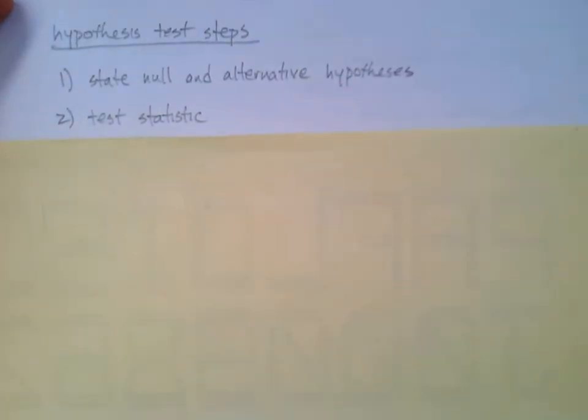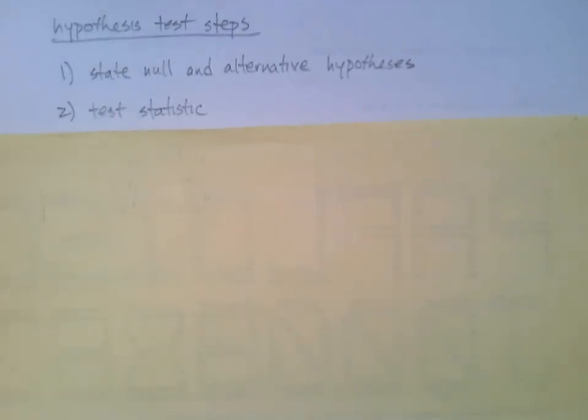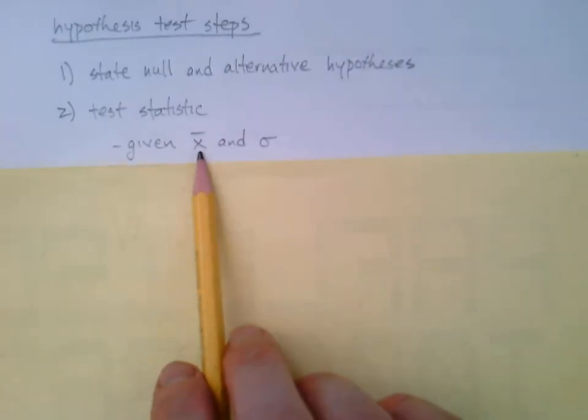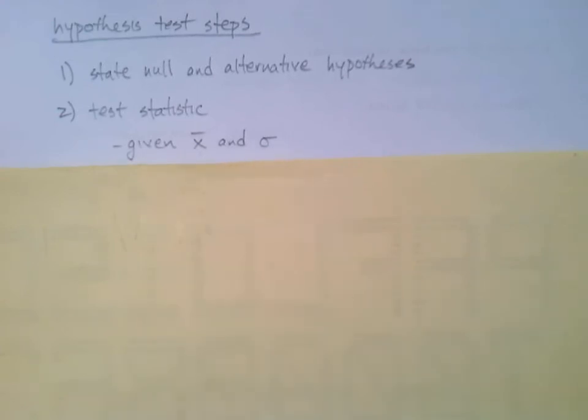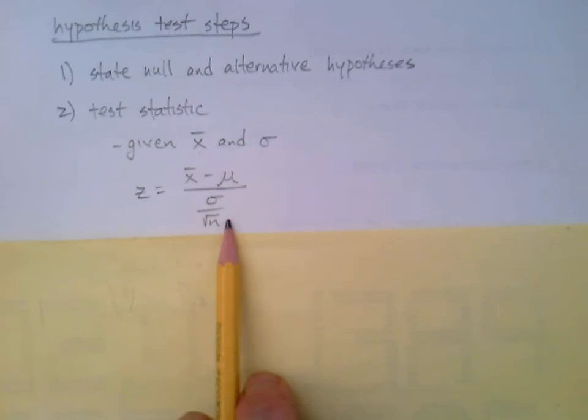more difficult scenarios. Okay. Step number 2 is always to find the test statistic, and so let's recap what we're given and how that influences how we compute the test statistic. So if we are given, like the standard way we introduced it, a sample mean and a population standard deviation, then our test statistic is a z-score found like this, the same formula that we used for the z-score back in the central limit theorem.